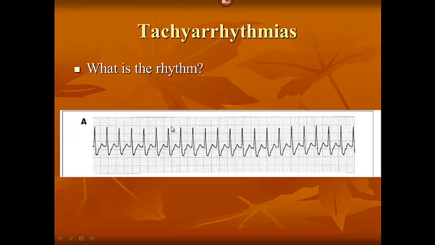Between 100 and 150, we have 50. 50 divided by 5 is 10, so we have to start discounting by 10 instead of 4. So 100, 110, 120. So this patient has sinus tachycardia.